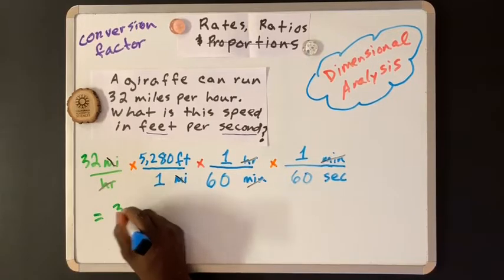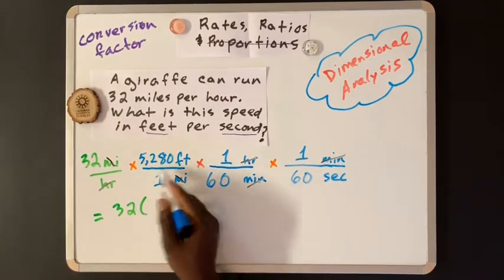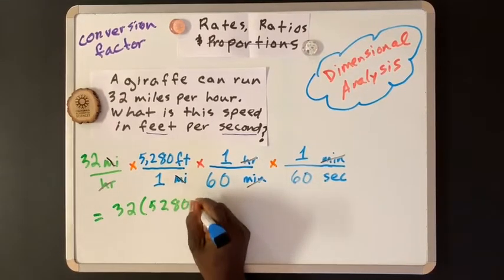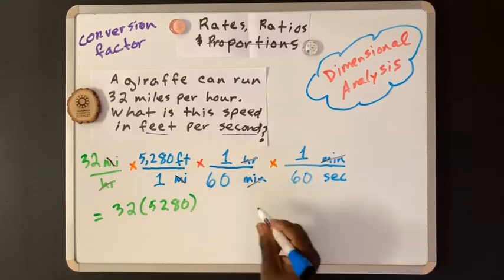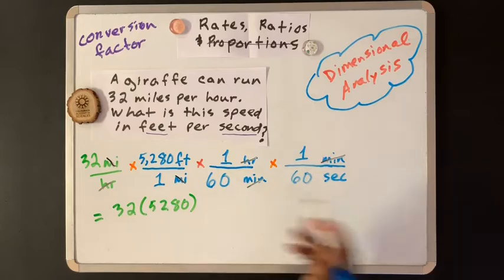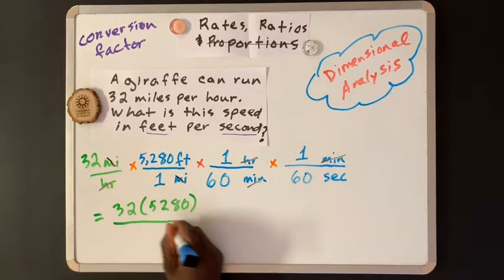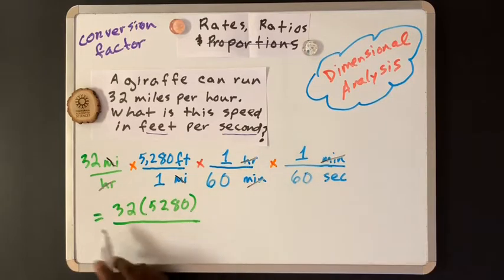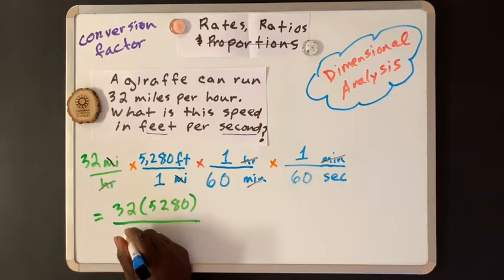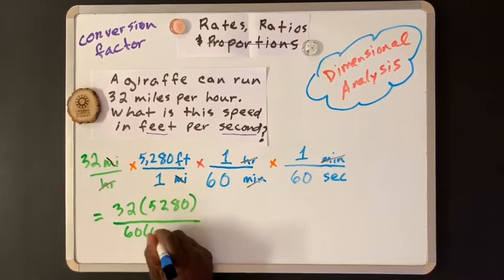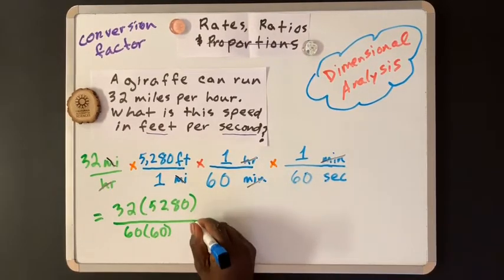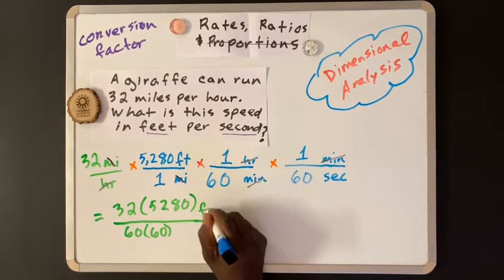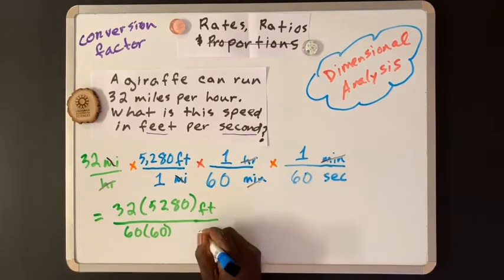We got 32 times 5280 times 1 times 1, that's 1. Over 60 times 60 times 1 times 1. It was over 60 times 60. But don't forget your unit. You have feet in the numerator, and you have seconds in the denominator.